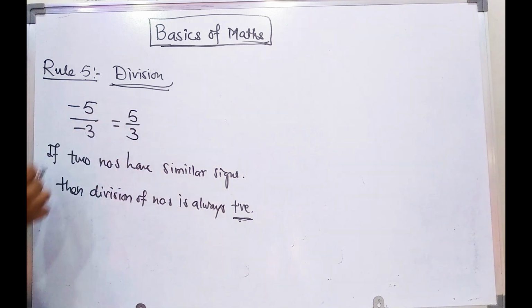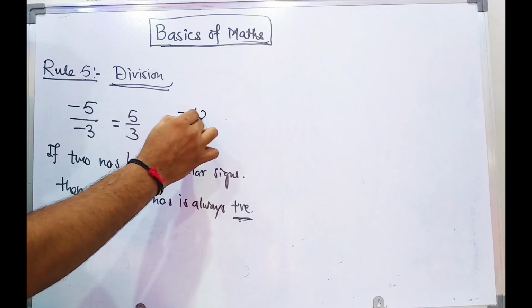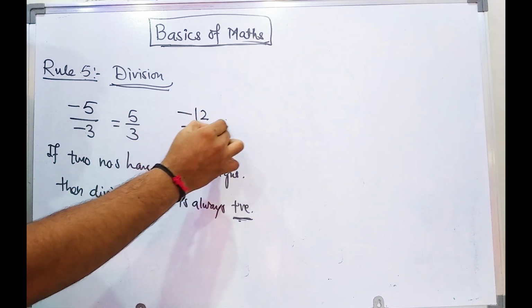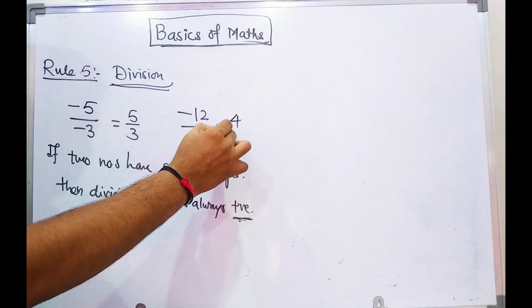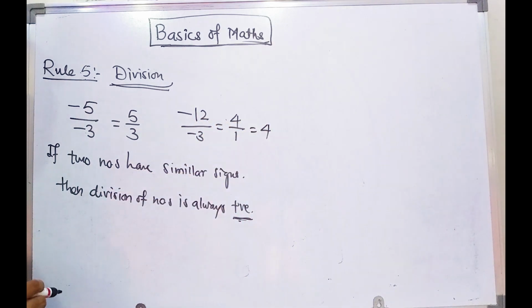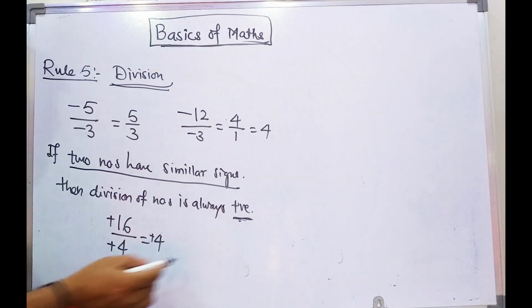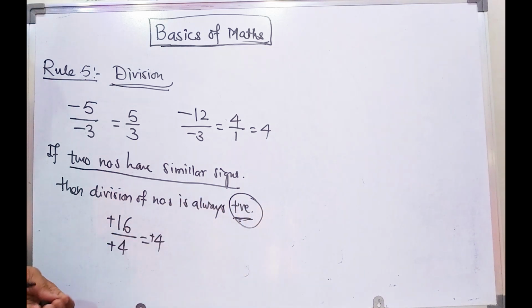So I can write -5/-3 is equal to 5/3, or -12 by -3 means 4/1, which is equal to 4. So every time when you divide two numbers having similar signs, the division is positive.